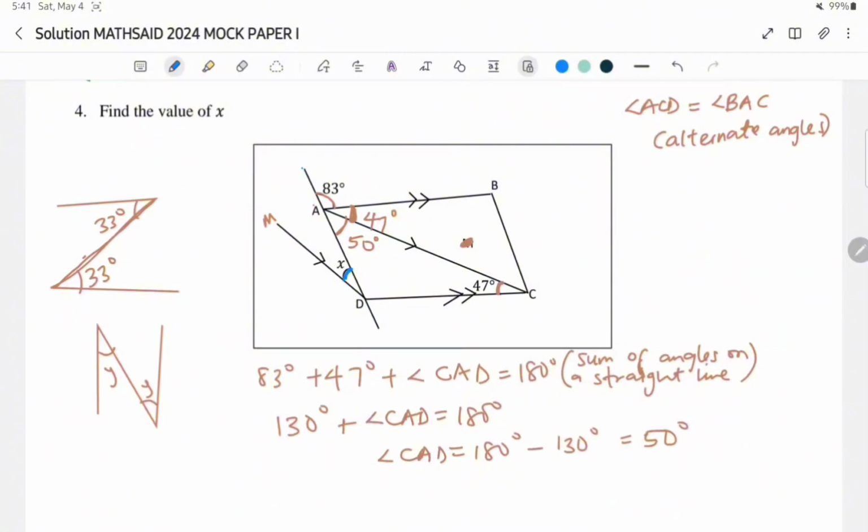If you look at it carefully, you will see that it is alternate to 50 degrees because it is forming something like N or Z, like I mentioned earlier. If you want to use the analogy of N, this is it right here, or even if it is Z, it's still the same thing. So this is the letter Z. That means X is equal to angle CAD, which is 50 degrees, because it is alternate to it.